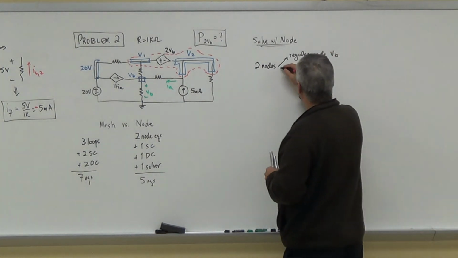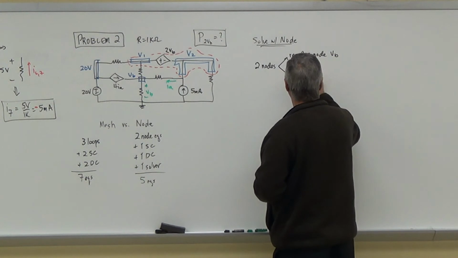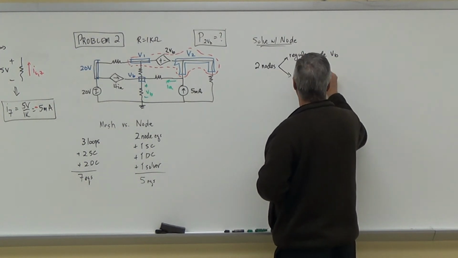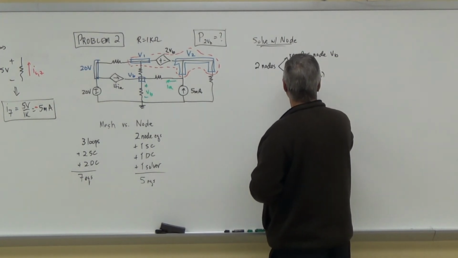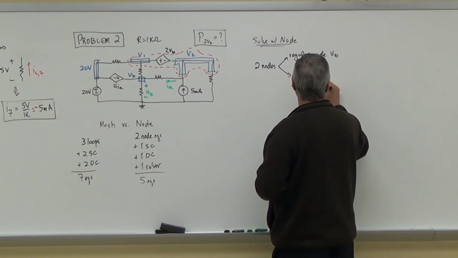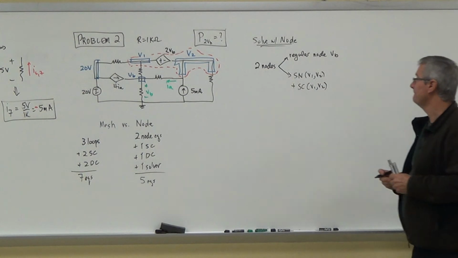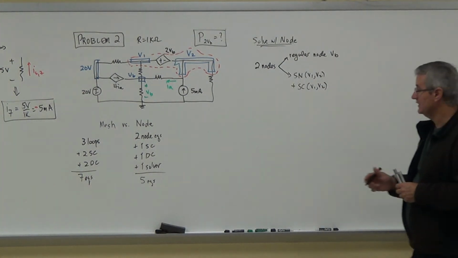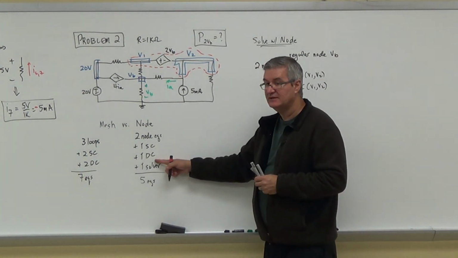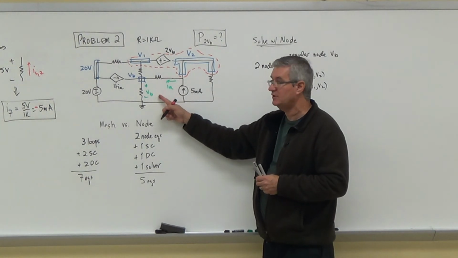And then I have a supernode, and that's going to involve V1 and V2, but associated with the supernode has to be a supercondition between V1 and V2. Okay? So that's exactly where we're at. And then the DC, we only need 1 because we already took care of VB.